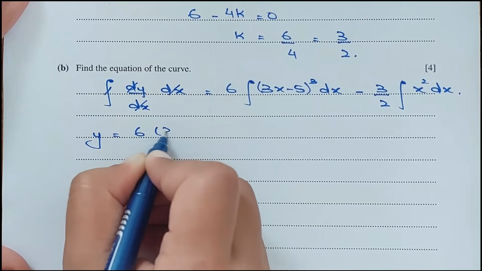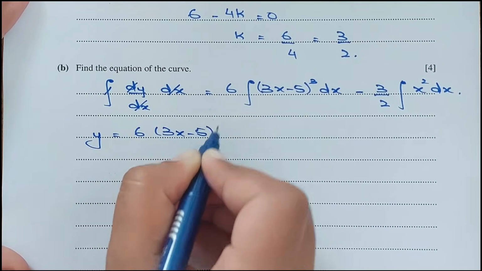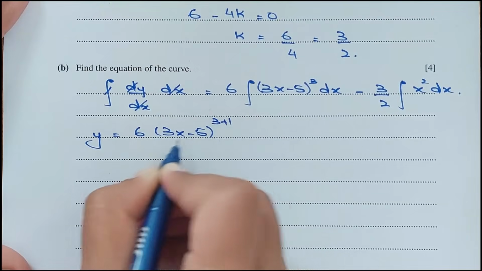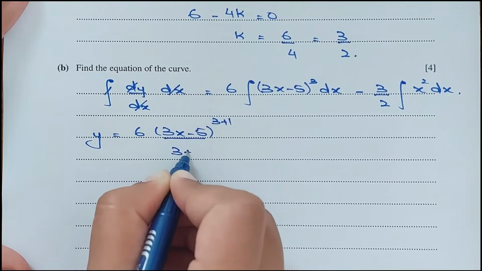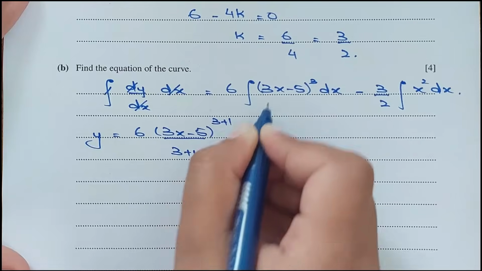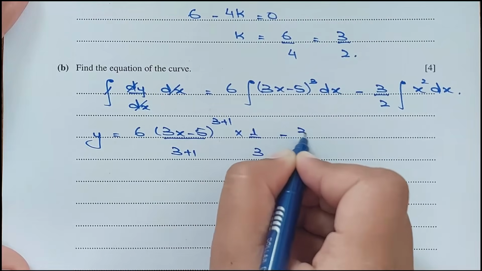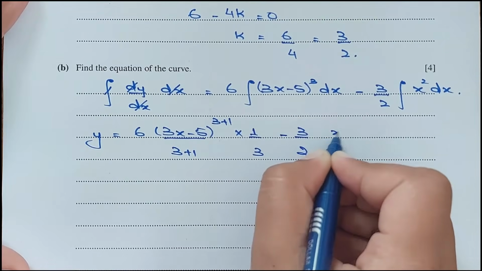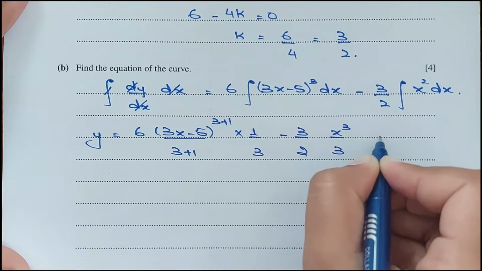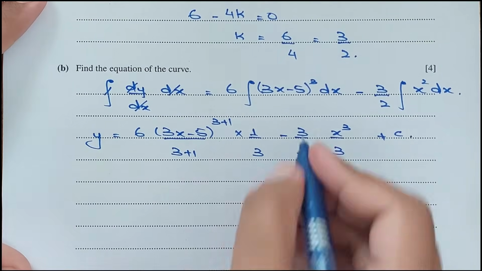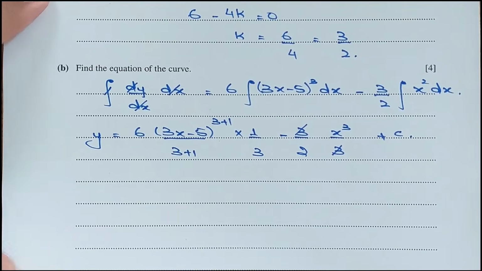We have 6, (3x minus 5) power 3 plus 1 over 3 plus 1, times 1 over the derivative, which is 3, minus 3 by 2, we have x cube over 3 plus some constant of integration, right? So this 3 is cancelled with this 3.